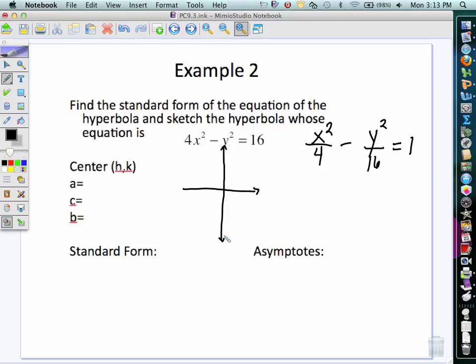So let's sketch this. I know that my center is the origin, and it's going to open to the right and left. So 2 units here is my vertex, and 2 units to the left. These are my a values. My a is 2.